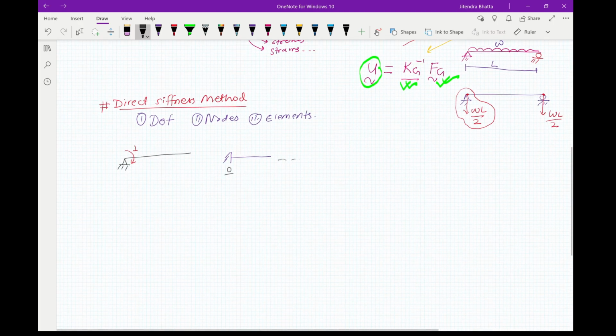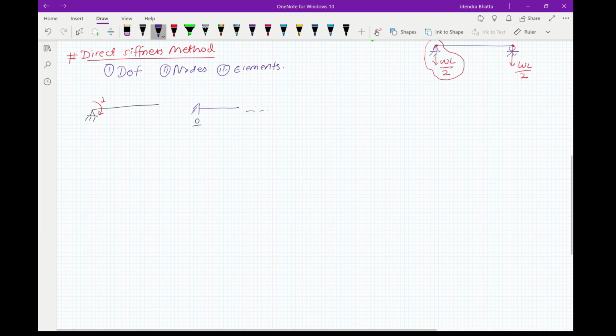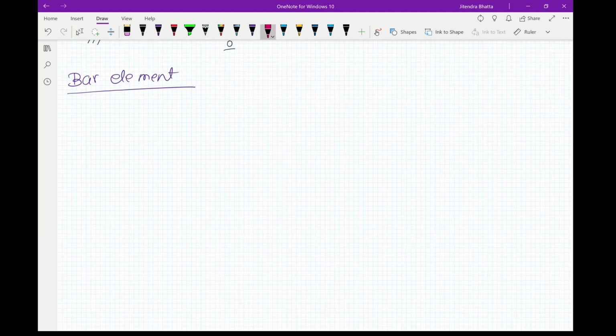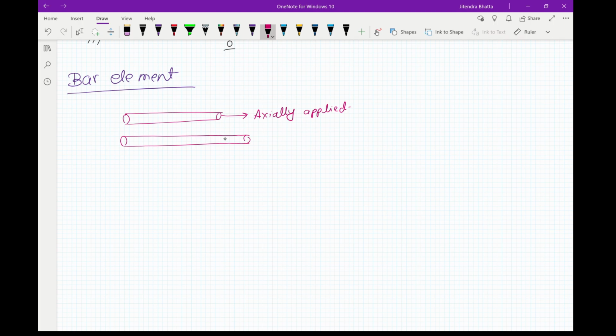Now let's move into the bar element. Bar elements are those elements in which the load is applied axially, which means they will only elongate under the applied load, or they will compress or shorten under the applied loading.